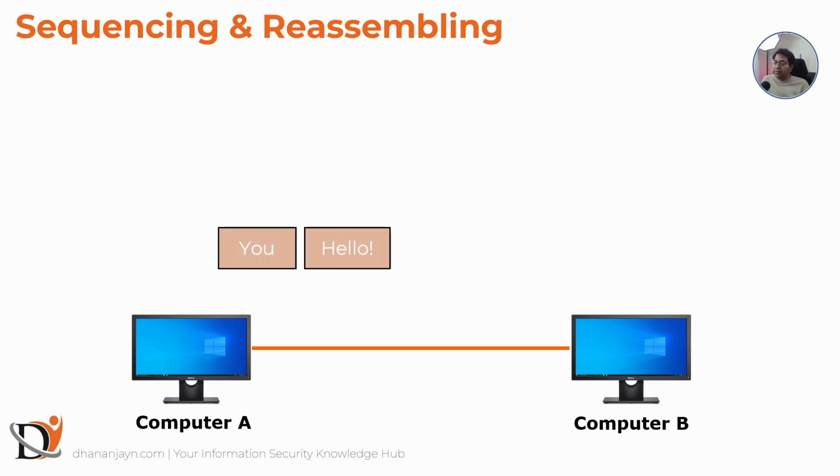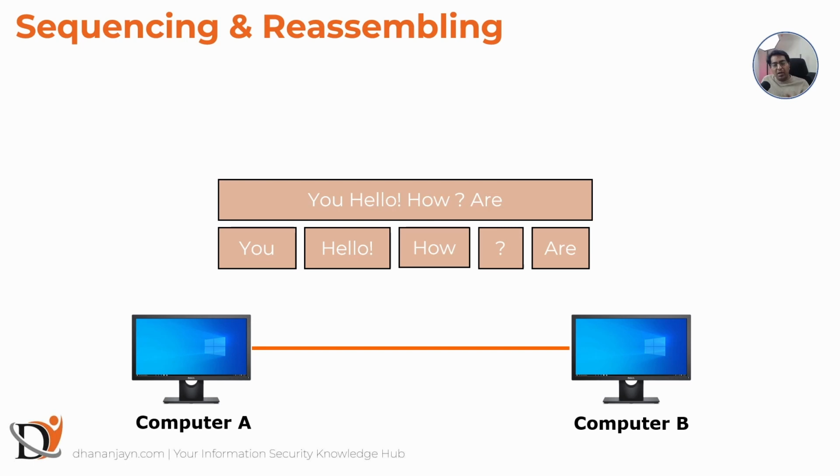Now it's not necessary that the segments should be received in the same sequence in which they were sent from the source, right? Now the user at computer B has received the data in this format. So when I say user, it's the computer, right?